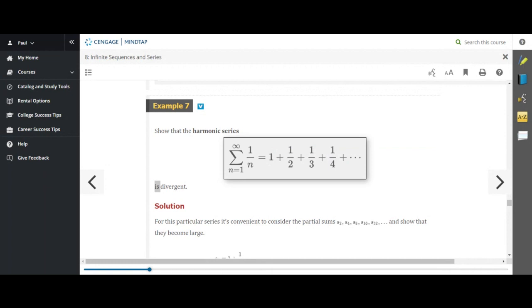However, you know what the sum of this series is? If you were to keep going with this series and keep adding and adding terms, do you know what the sum of that series is going to be? Infinity. It's going to be infinity.